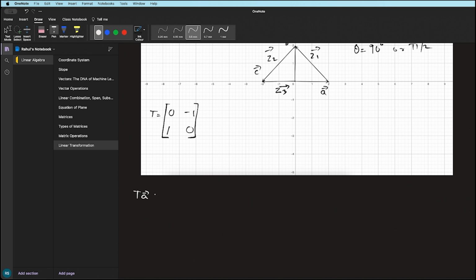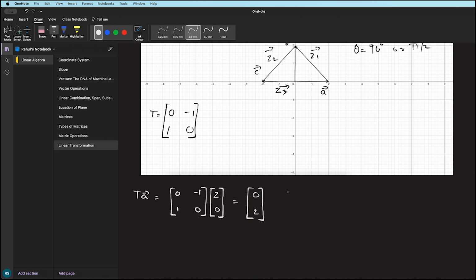So I can write this as T of A, that is [0 1; minus 1 0], and the vector A is (2, 0). So after the transformation I get the vector A as x component 0 and the y component 2.